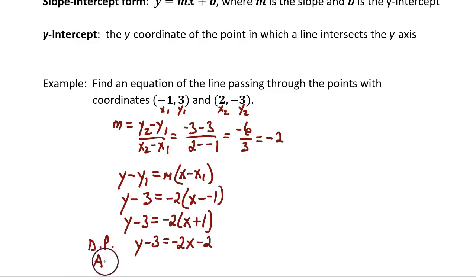Final step, add 3. That gets the variable y alone. And over here we have negative 2x plus 1. Here is slope-intercept form for our equation. From this we can tell the slope is negative 2, and we can tell where it touches the y-axis at positive 1.